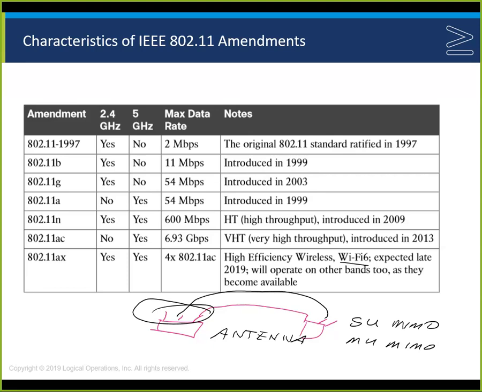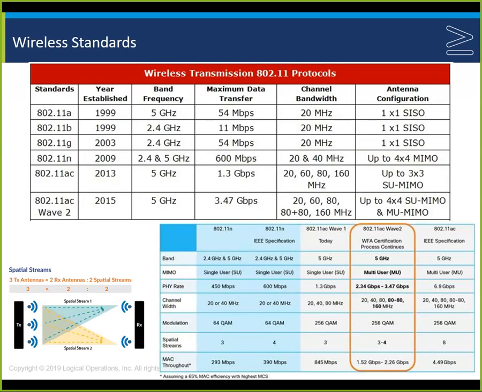I know 802.11ac is when we do that. And we see here the AX uses both, but the AC only uses the 5 gigahertz frequency range.